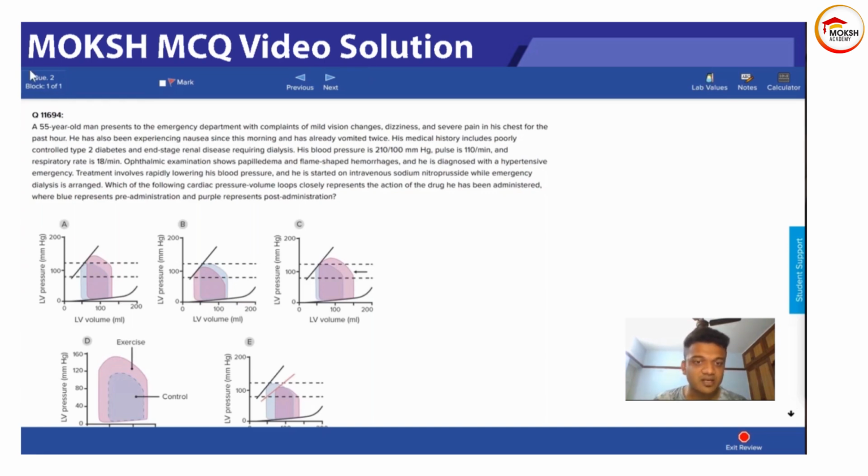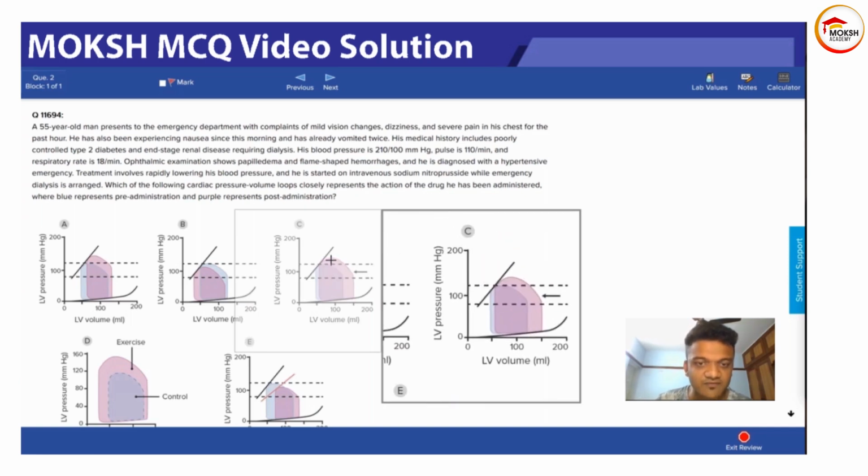In C, there is an increase in preload. Can you see that? The graph has shifted to the right side. We said that nitroprusside decreases preload. Maybe afterload is the same in graph C, because afterload is not measured by the height of the topmost point.